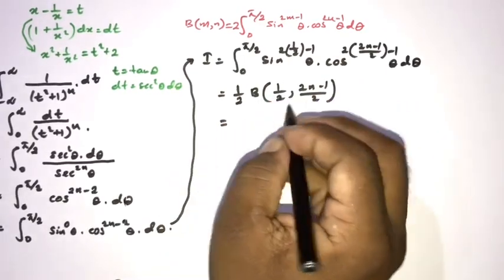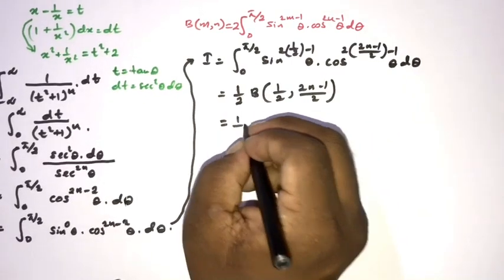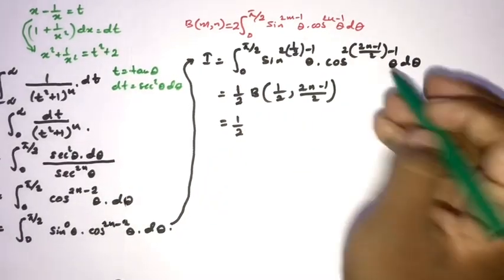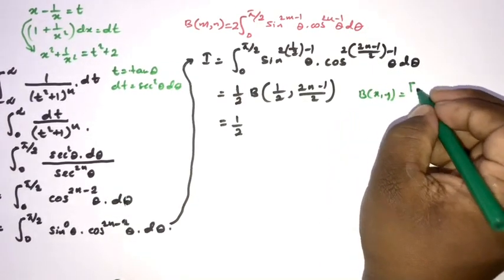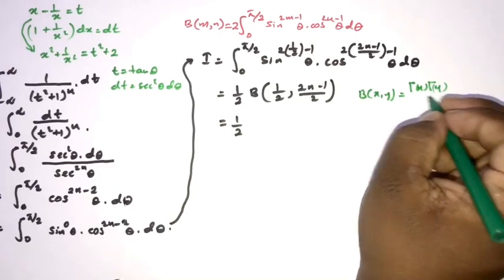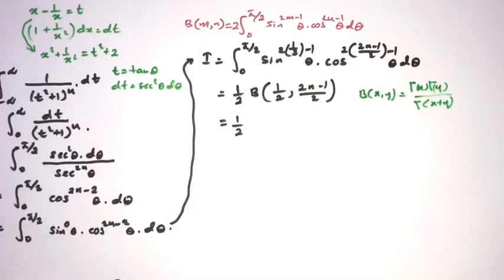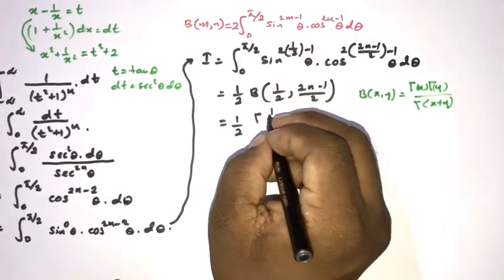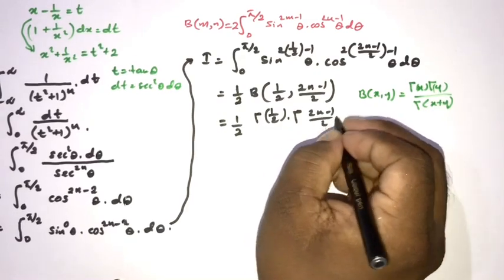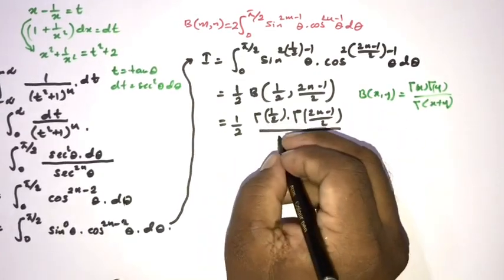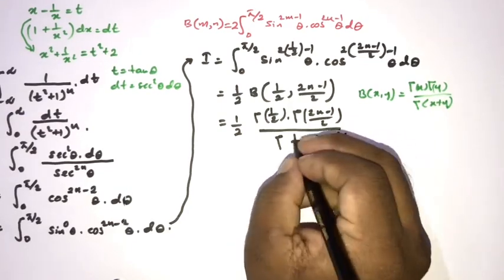Now we know we can write the beta function by using the gamma function. So beta of x, y is equal to gamma of x gamma of y over gamma of x plus y. So we can write here gamma of 1/2 gamma of (2n minus 1)/2 over gamma of 1/2 plus (2n minus 1)/2.